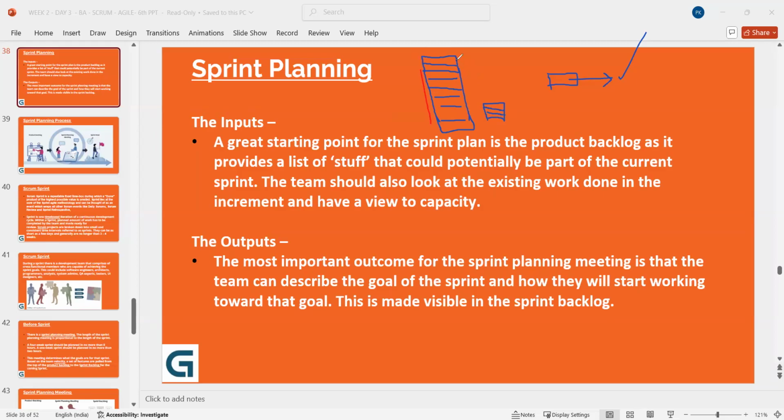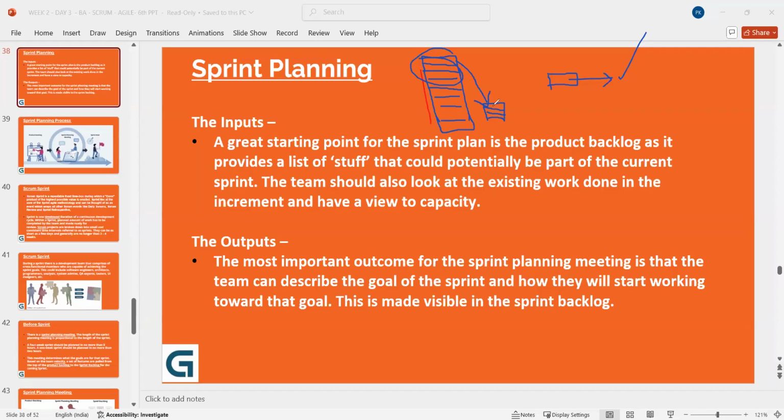So it will probably come from here. Can you see this? So it has come from the top. You have taken the top chunk. Now this is this chunk. Are you able to understand what is a product backlog and what is a sprint backlog? Any doubts? Anyone who is still not able to understand what is a sprint backlog?